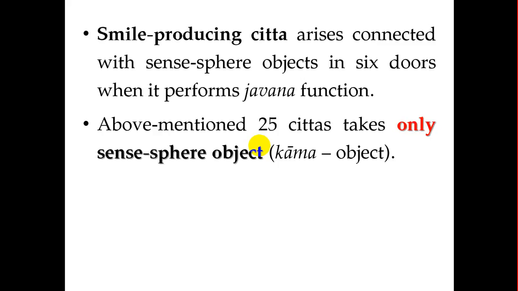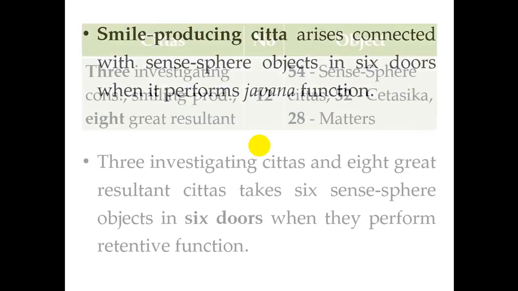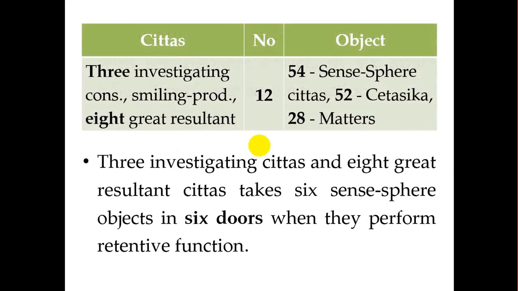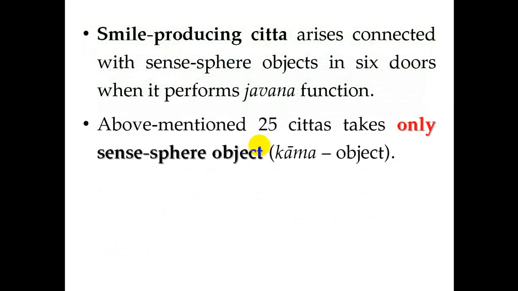These two sets of five-fold consciousness make altogether 10, and also the triple mind element. We have 12 Cittas: 3 investigating consciousness, mind producing consciousness, and 8 great resultant, altogether 25. These 25 Cittas take only sense sphere objects. Based on sense sphere objects, these Cittas arise, right? Understand?